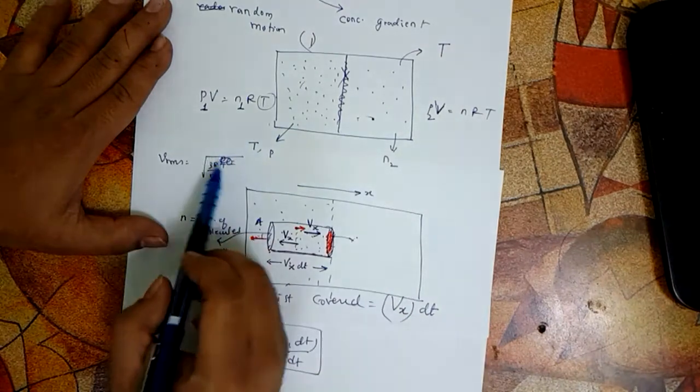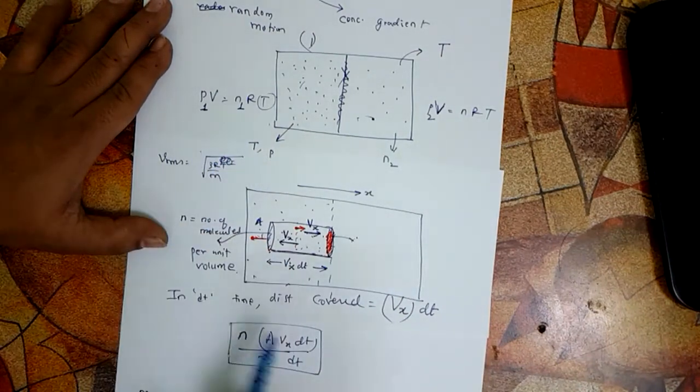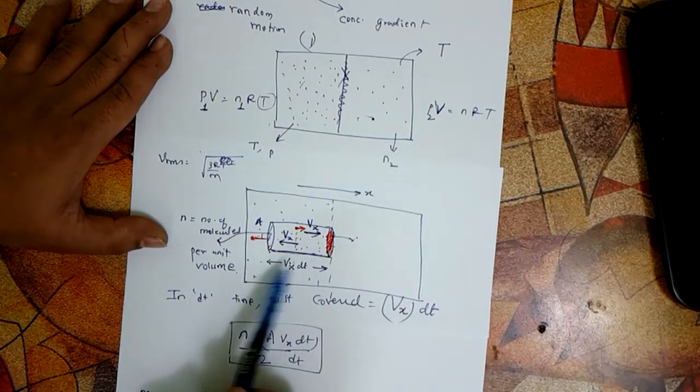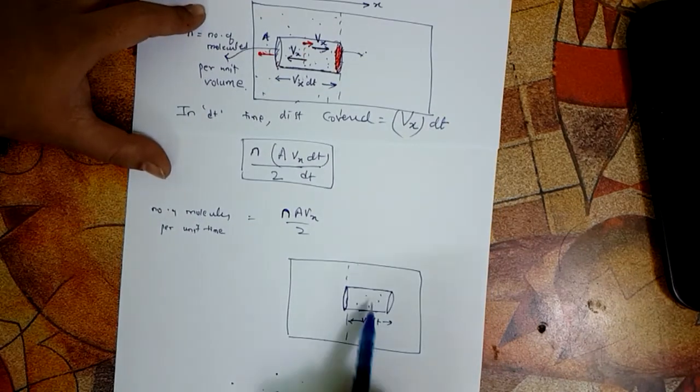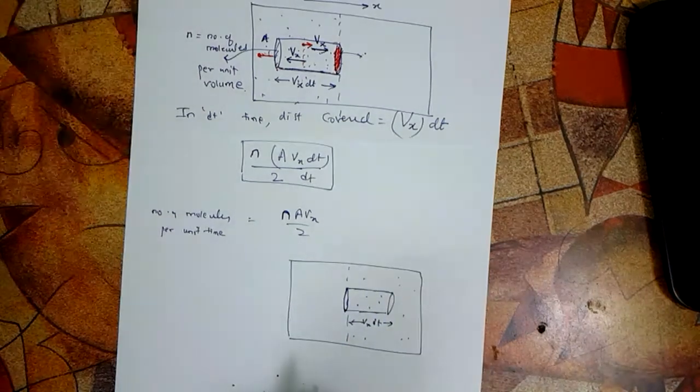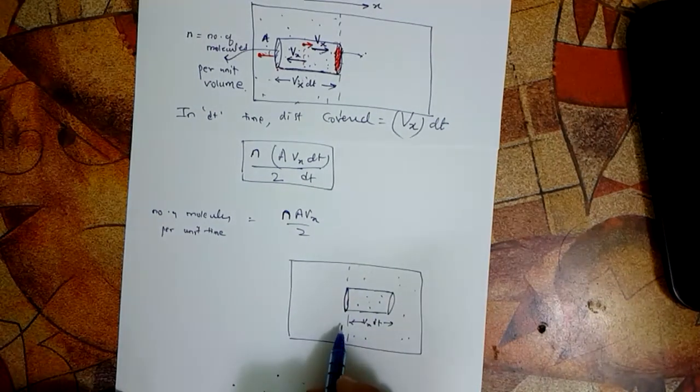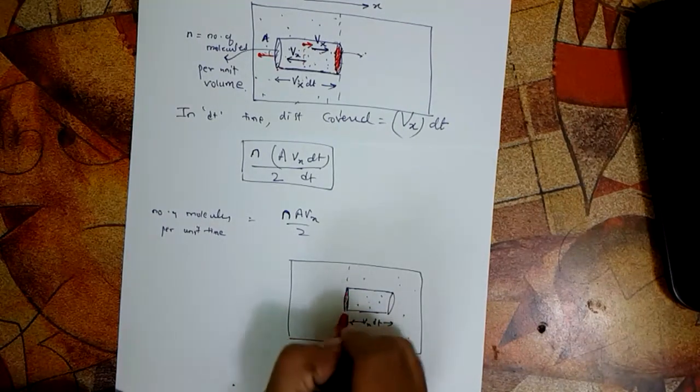And since the temperature is the same, the velocity is the same. So these are moving at the same velocity, and these are also. That's why we have taken the same Vx. Alright. Now, how many molecules will be crossing this red cross section?